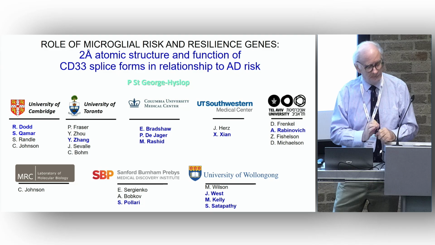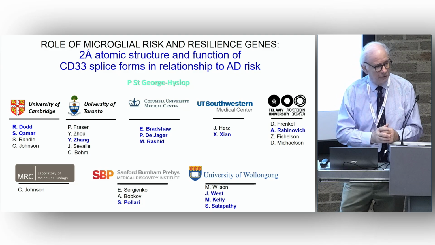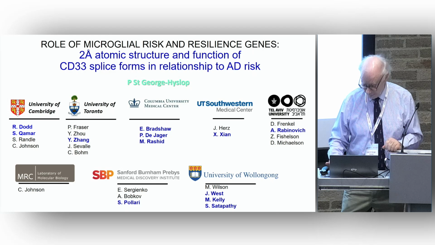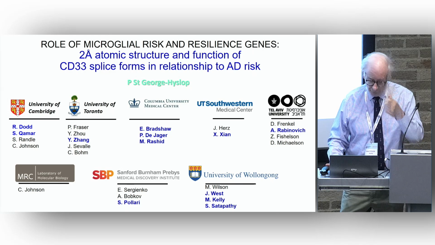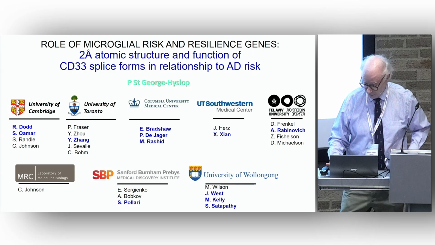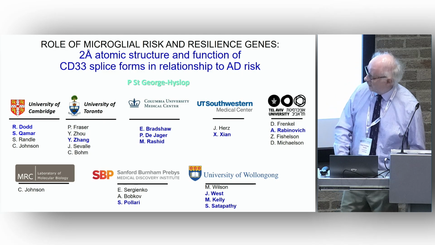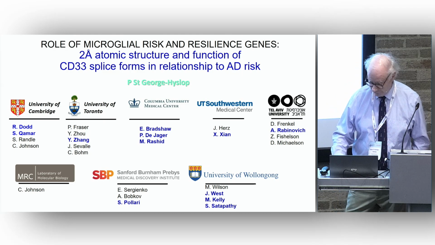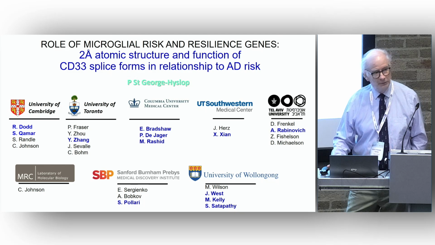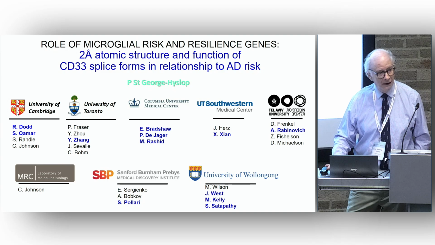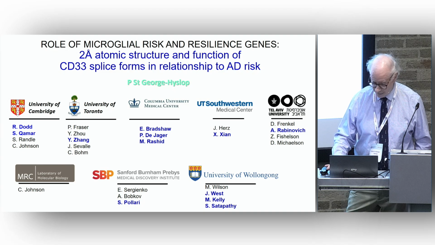And the particular gene that I'm going to talk about today is some studies on CD33, which we've been working on, and looking at the atomic structure of one of the splice forms and its relationship to Alzheimer's disease risk. And as you can see by the plethora of people involved here and the multiple institutions, this has been a project that's been ongoing for quite some time. And it has had a number of complexities, but I think I should be able to tell you something interesting in the next few minutes.